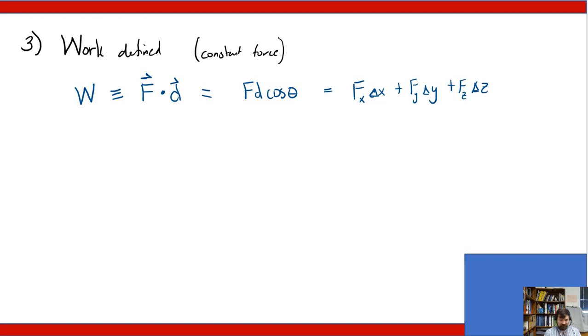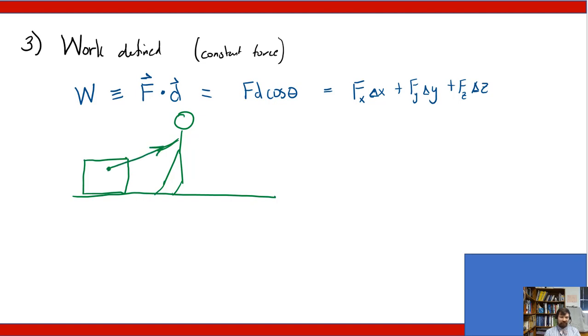And the diagram that usually goes with this, for what it's worth, is that you have some object that's being worked on. So for example, maybe I have this really heavy crate, and I'm going to pull on the heavy crate against the ground. So I've attached a rope to the heavy crate, and I'm pulling like this, and the result is that the heavy crate is going to move across some distance.